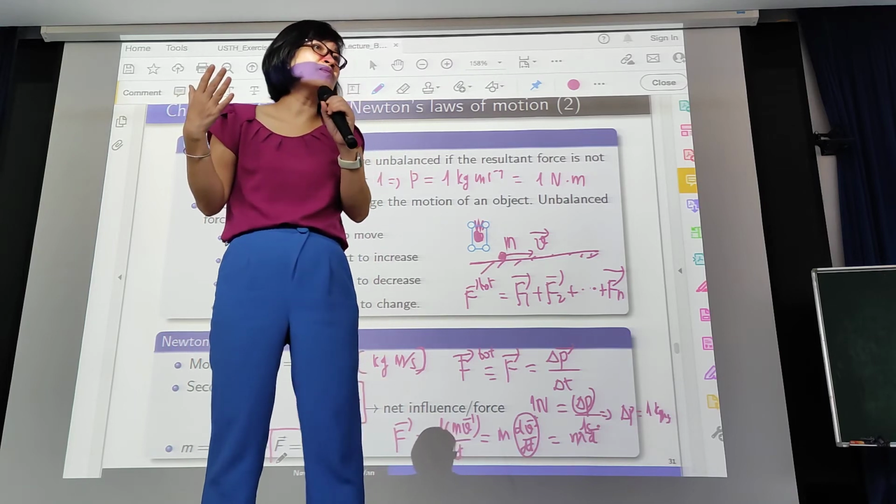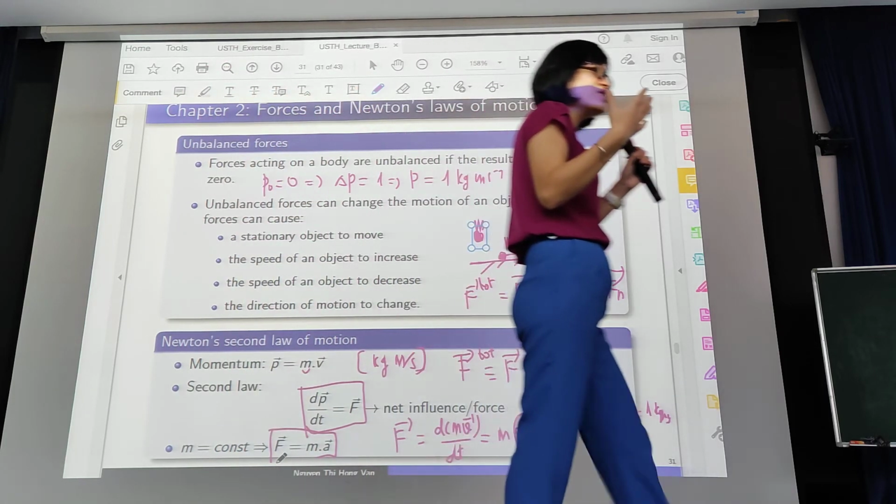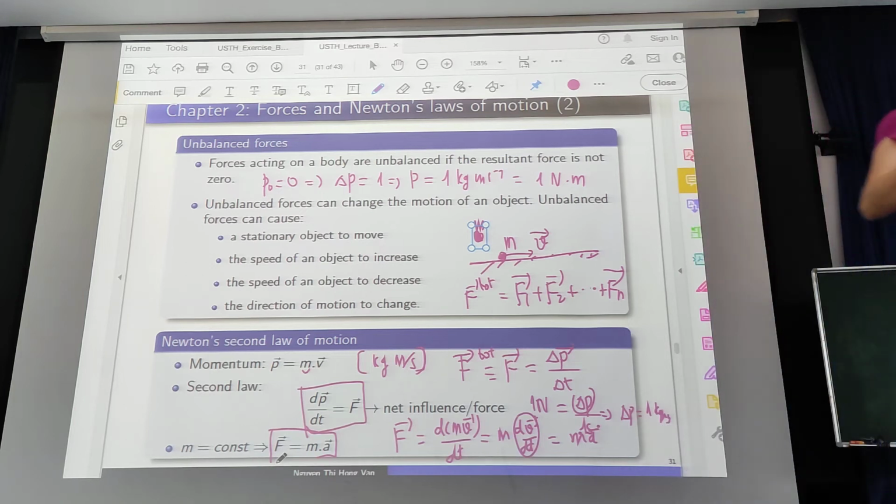So who can give me an example of an object changing mass with time? You also change mass with time, right? Yes, before eating and after eating, okay? For example, you may not notice that change, but in fact it changes. Some other example?